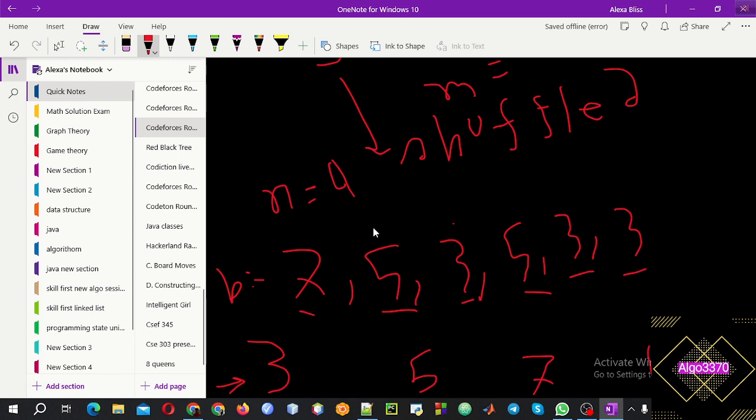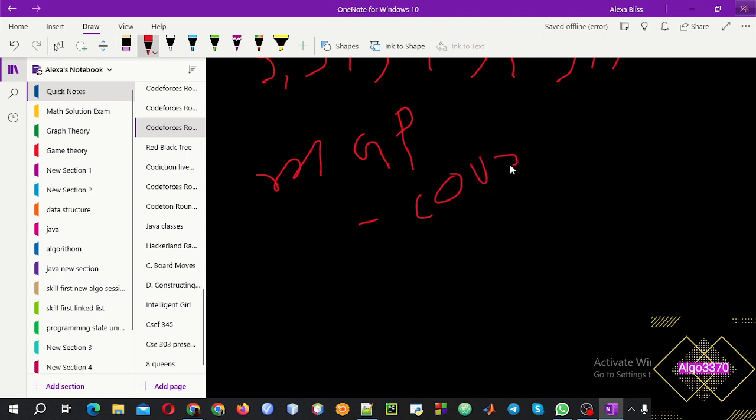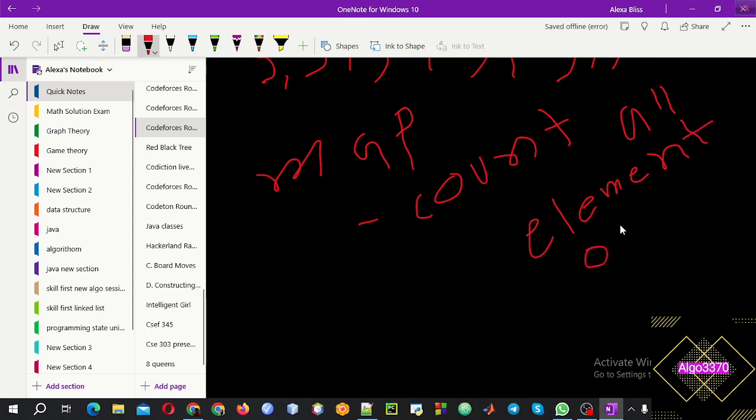So we have to create a key-value pair data structure, a map, where we will count all the elements of b.